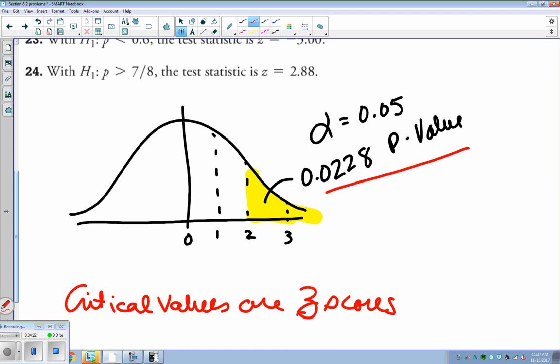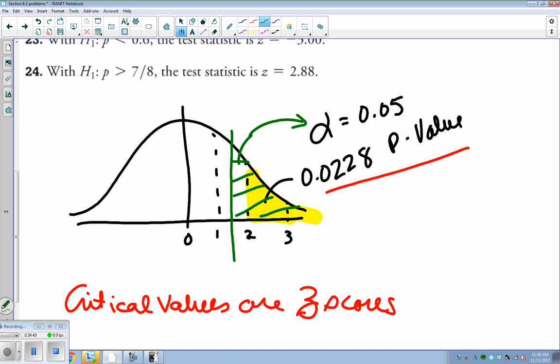I'd have to shade a bigger area, right? So it's going to be somewhere in there. I don't know where yet.